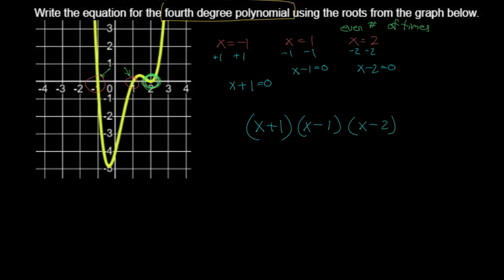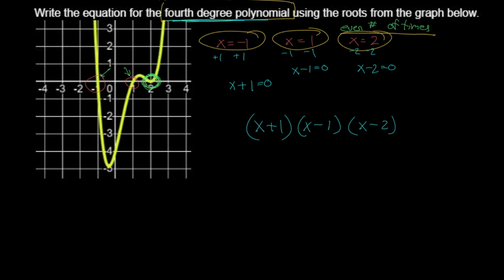Now I did say that we should have up to 4 roots, including multiplicity, and I know that x equals 2 has to occur an even number of times. As far as roots go, when you're listing the roots, multiplicity doesn't affect what you list as the roots, but it does affect the factors. In order for it to have an even multiplicity, the corresponding factor must have an even exponent.